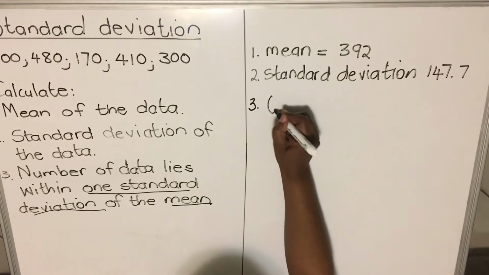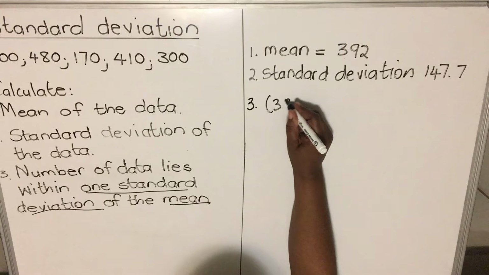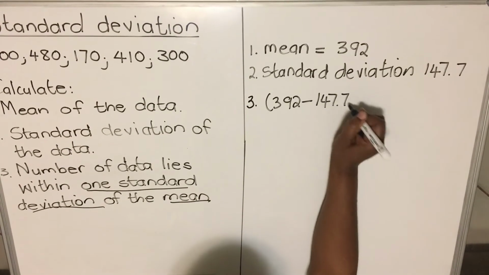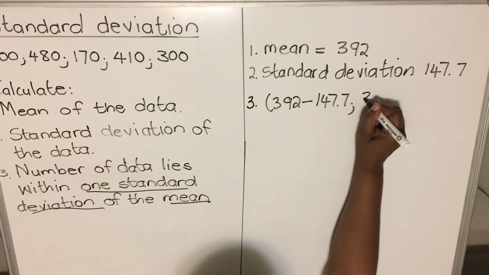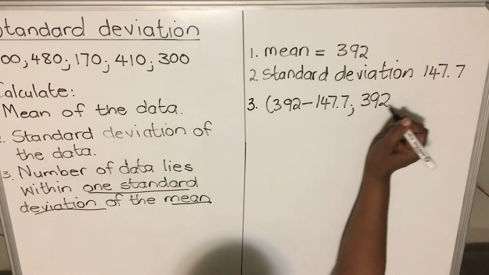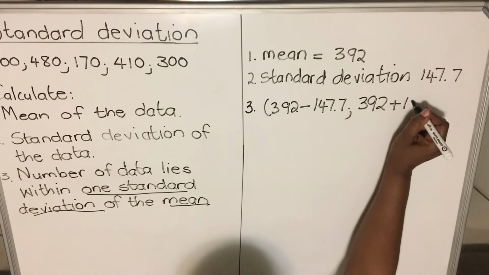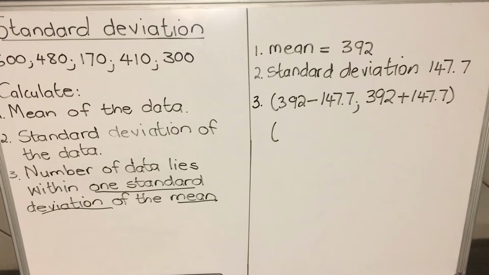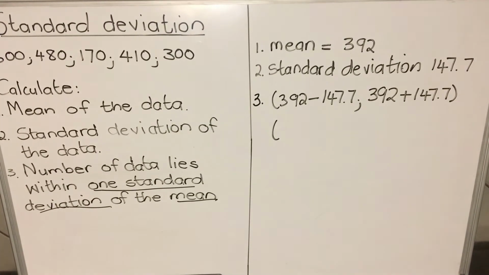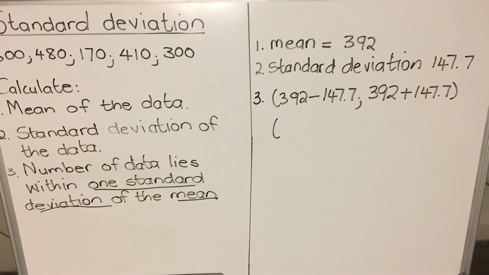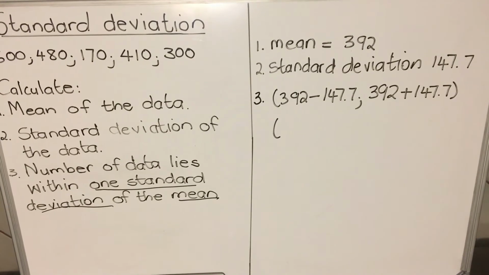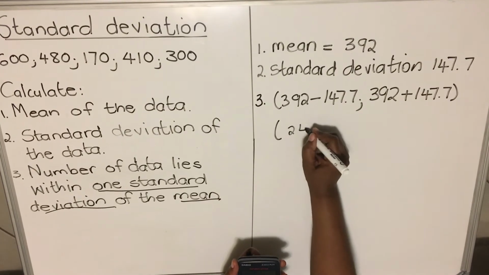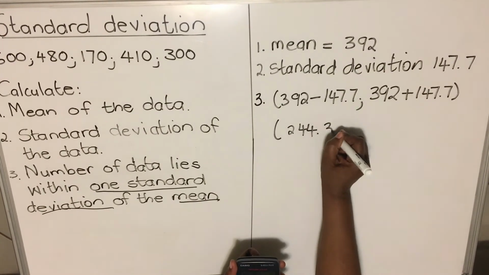The coordinate, you must have the mean. The first coordinate is your mean, which is 392 minus your standard deviation 147.7, and then the other coordinate is 392, which is the mean, plus the standard deviation 147.7. Then you take your calculator, say 392 minus 147.7, it's 244.3.